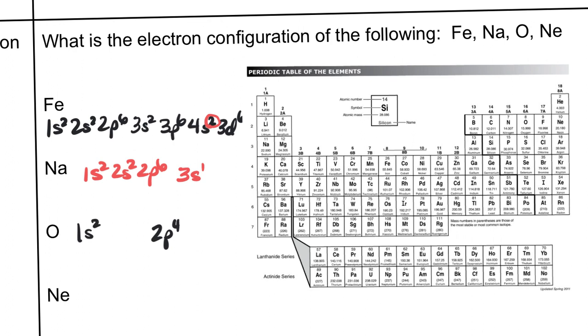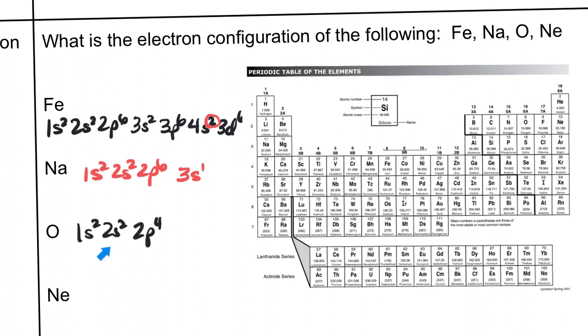Second orbital, we're going to go through the s's, 2s2. Then we go across from the s's to the p's, so it'll be 2p, 1, 2, 3, 4, and that'll be the other one that we've got here. So we'll bring this one over right there. If you count the exponents here, 2 plus 2 is 4, plus 4 is 8. That should equal the atomic number for oxygen.